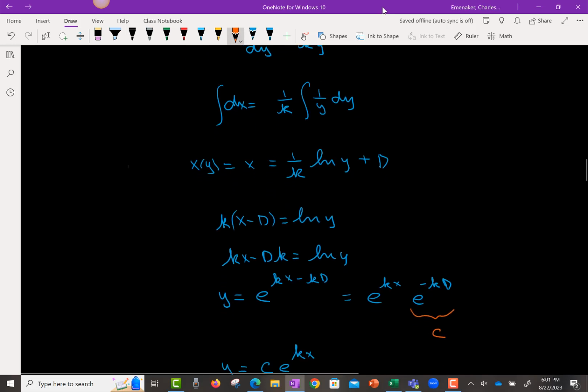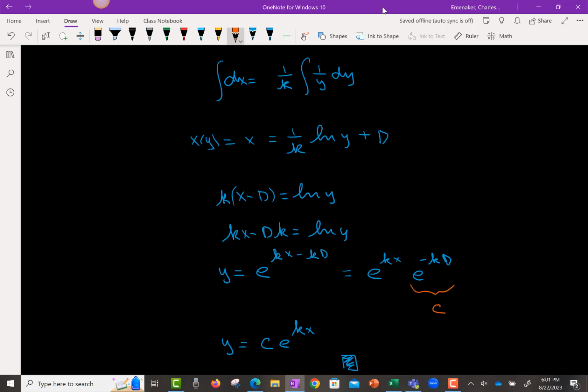Well, when we do the antiderivative of 1 over y dy, it's going to give us this natural log of y, and then of course we need to include a constant. All right, at this point now, we have things in terms of x equals. But what we want to do is reverse this so that we wind up with something in terms of y equals.